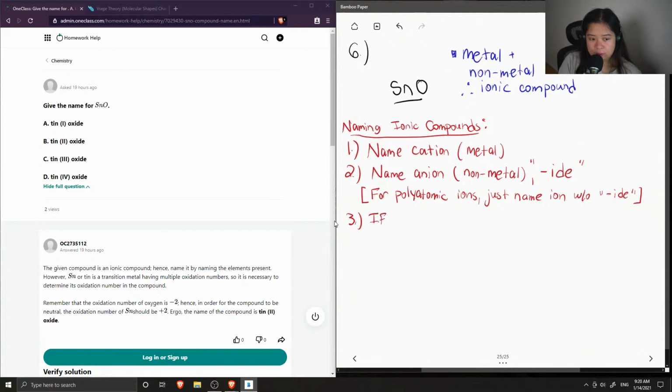So if your metal has more than one oxidation state, we can specify which one that is. And we do that by using the Roman numerals and the brackets.